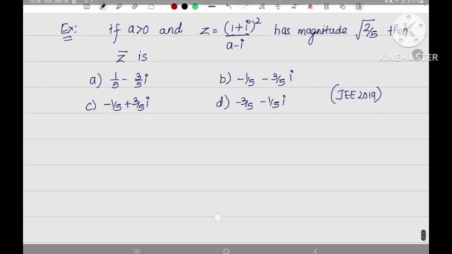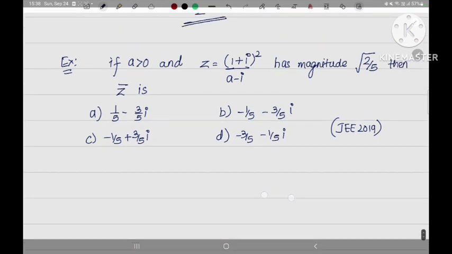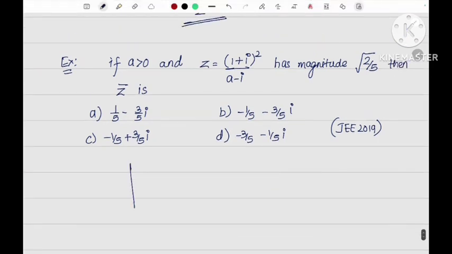Now let us solve. Before that, let me tell you the concept we are going to use here. The main concept is that the conjugate of z1 by z2 is equal to z1 bar divided by z2 bar.